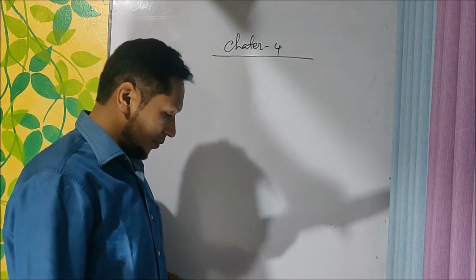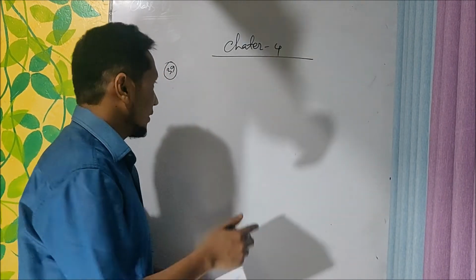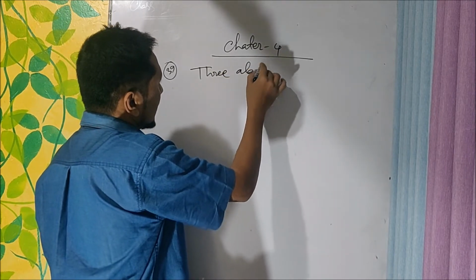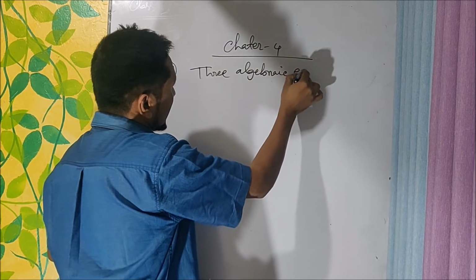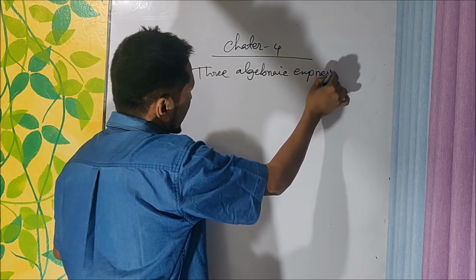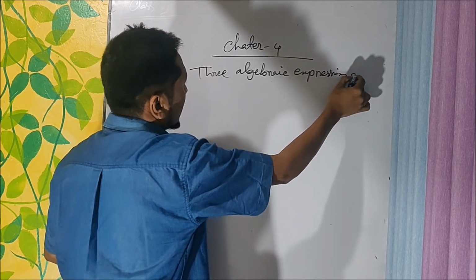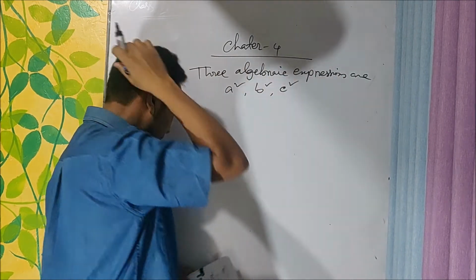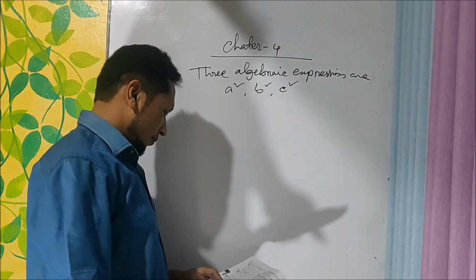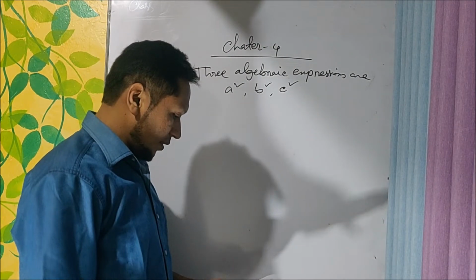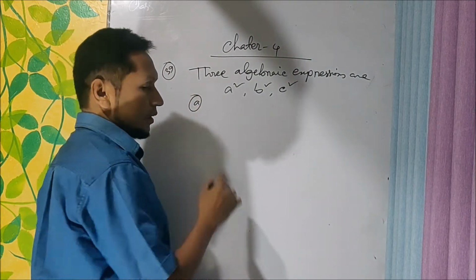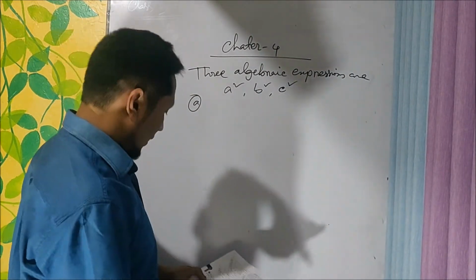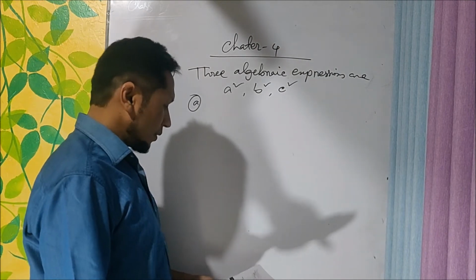The question says three algebraic expressions are given: a square, b square and c square. Part A asks, what is the numerical coefficient of b square? I am not writing the questions because you can easily find them in your textbook.